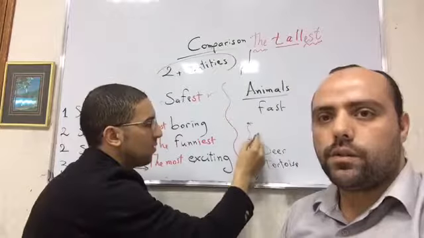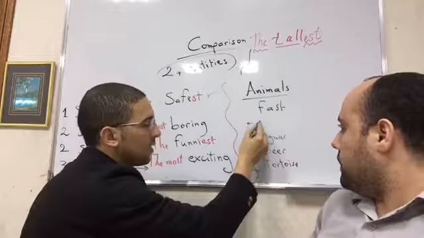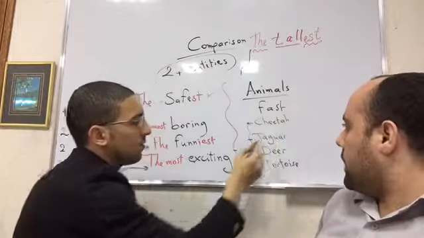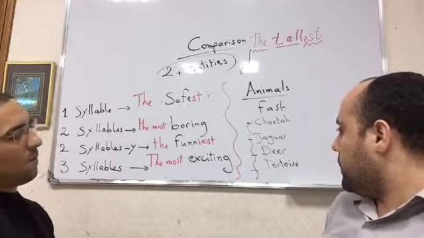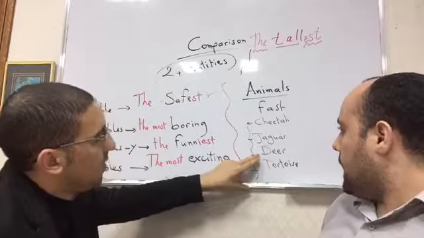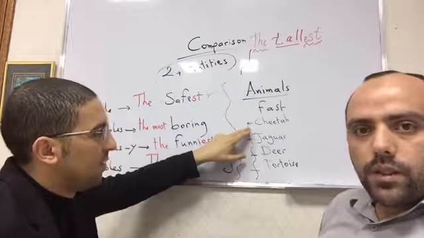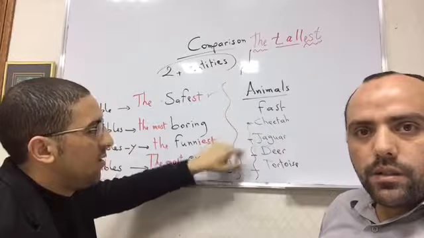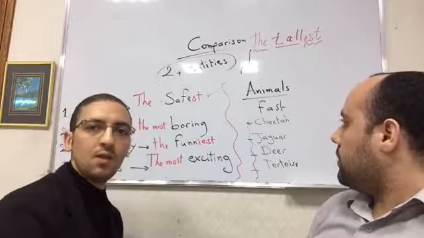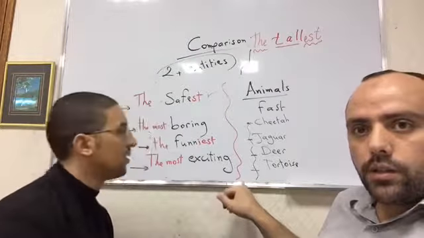We have the tortoise, the deer, the jaguar, and the last one is the cheetah. So which animal is the fastest animal here?